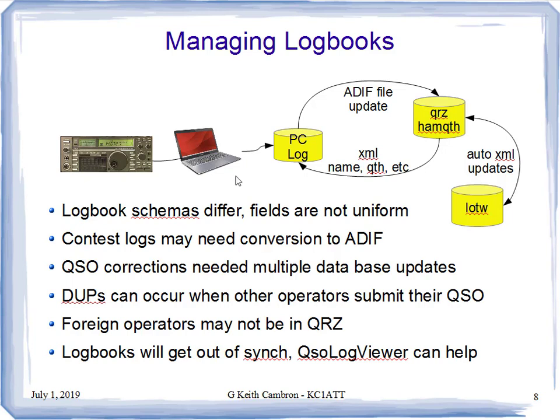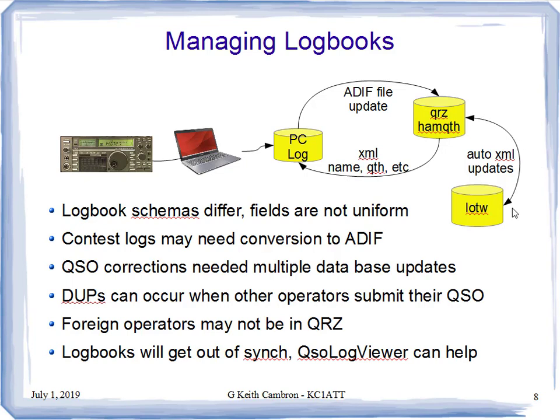When you're logging your QSOs, if you have the XML service, it's free on HamQTH, it's $30 a year on QRZ, then your logging software, if it has that feature, will get name and QTH information automatically. So there's a two-way exchange here. ADIF files and records are going to be uploaded, and QTH and name information is going to be downloaded.